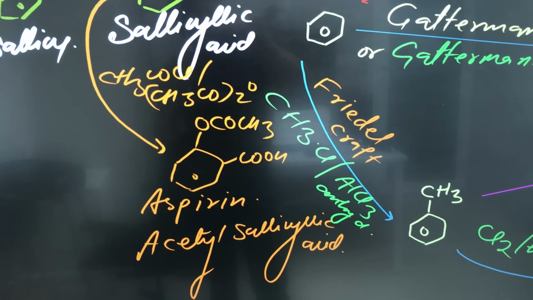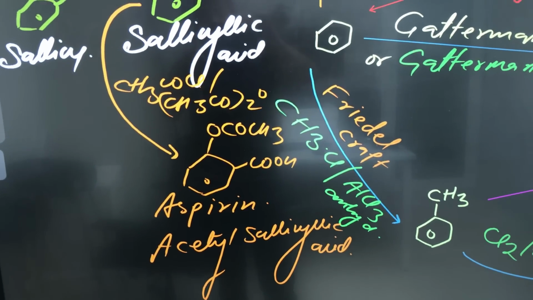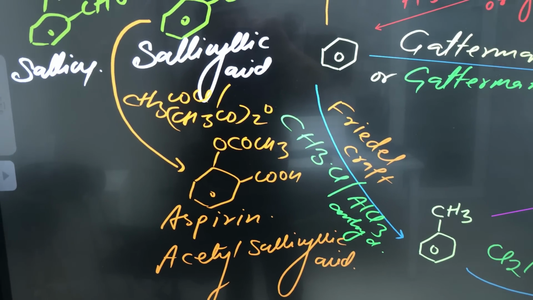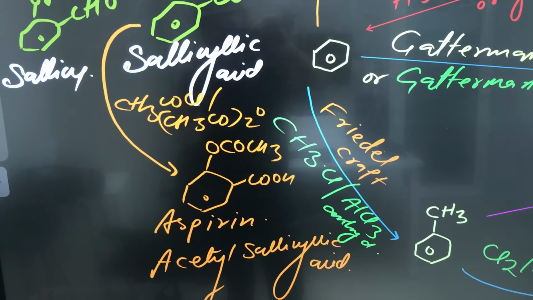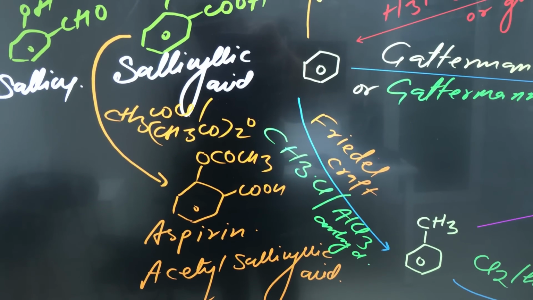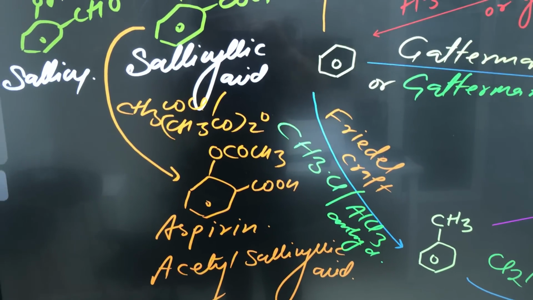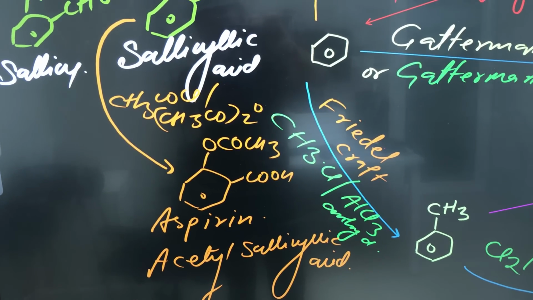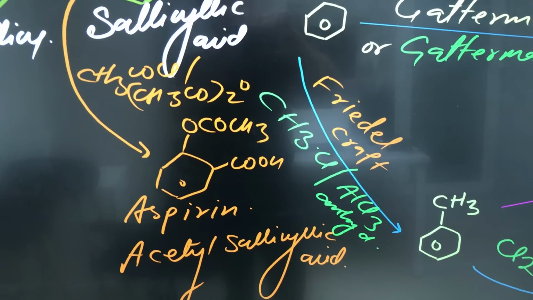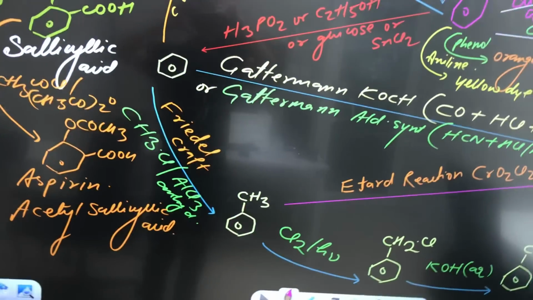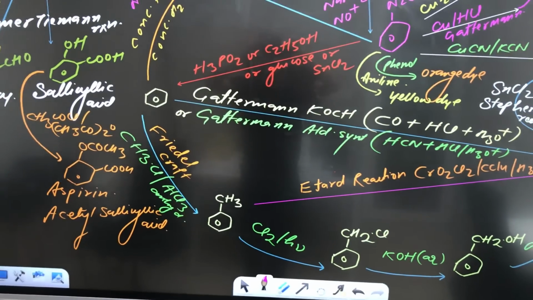It is also helpful in heart attack, because it is a blood thinner. This analgesic painkiller saves us from heart attack. What's the name? Acetyl salicylic acid, aspirin. So each and everything got cleared.